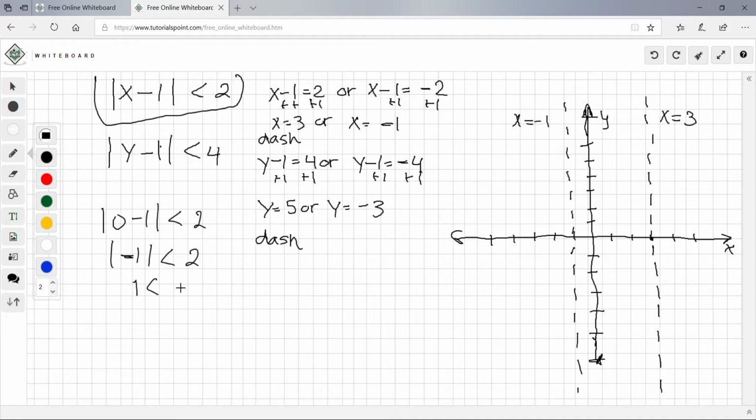So is 1 less than 2? Yes, 1 is less than 2, so that's true. So we got this point from here, so I'm going to do a light shade because I have to shade the other part as well.